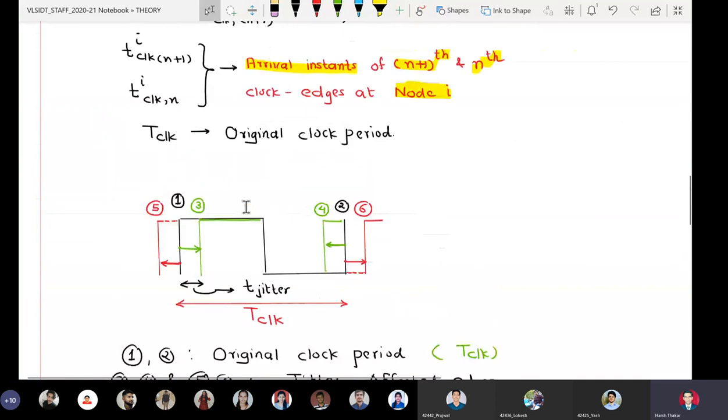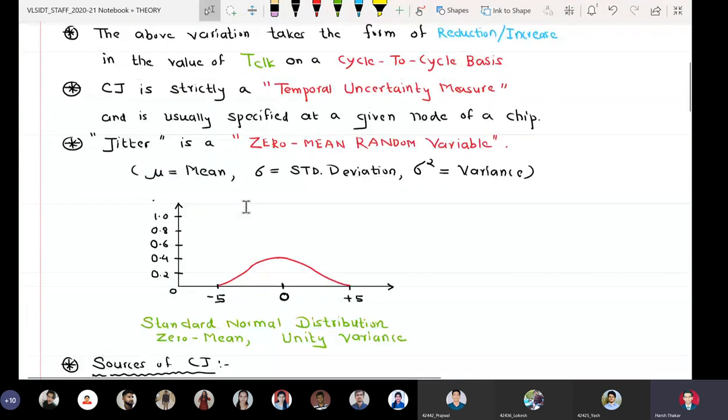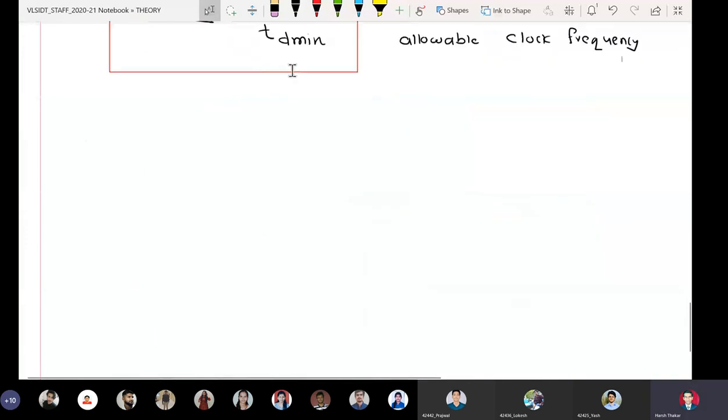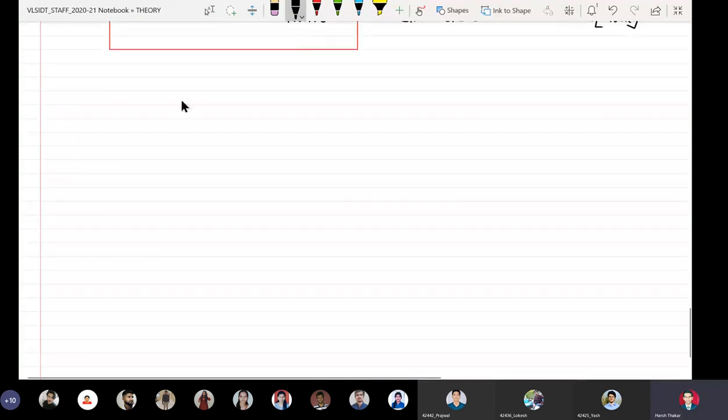Now we go to the second topic, which is also equally interesting, that is supply and ground bounds. I will not be explaining supply bounds because it is similar to ground bounds. So we'll just explain ground bounds first.